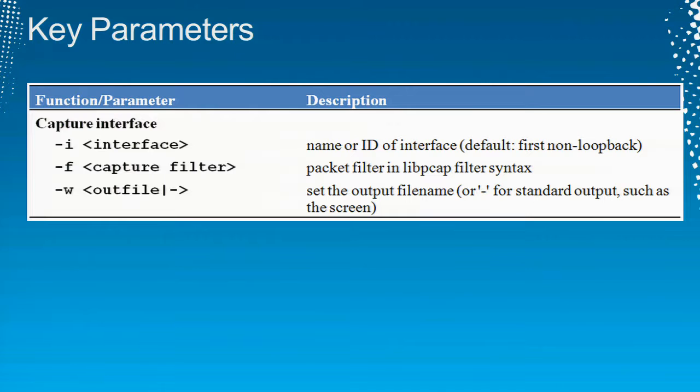And I would recommend that you get used to the idea of putting your capture filters in quotes. And when we talk about capture filters, right now, you can't use the capture filter name. You have to use the capture filter string.